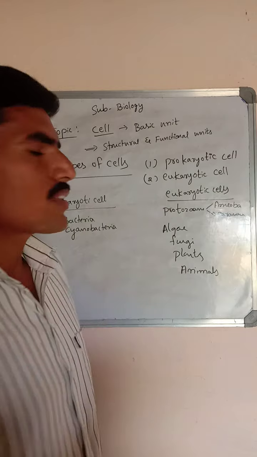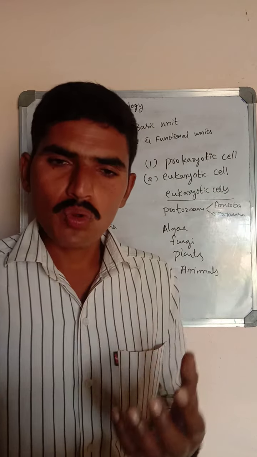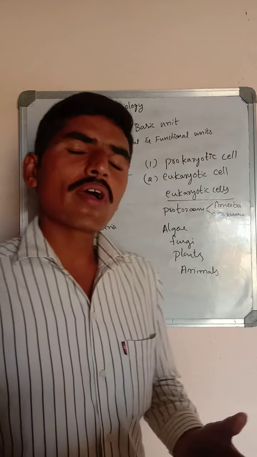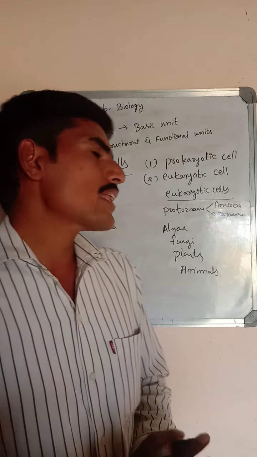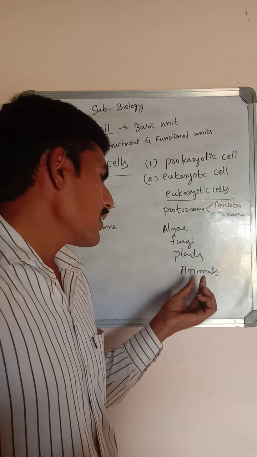So the examples for the prokaryotic cells are bacteria, cyanobacteria, and blue-green algae. For eukaryotics, protozoans like amoeba, paramecium, algae, fungi, plants, and animals.